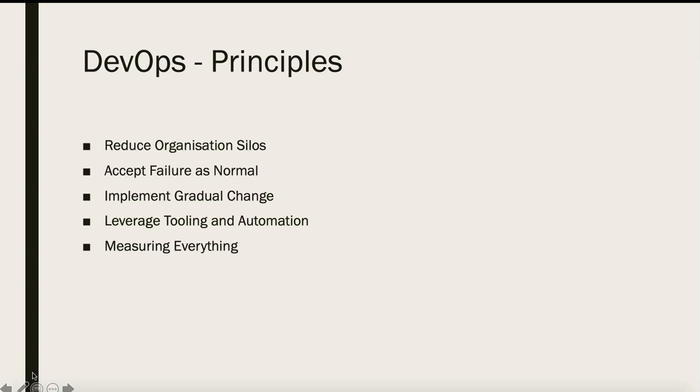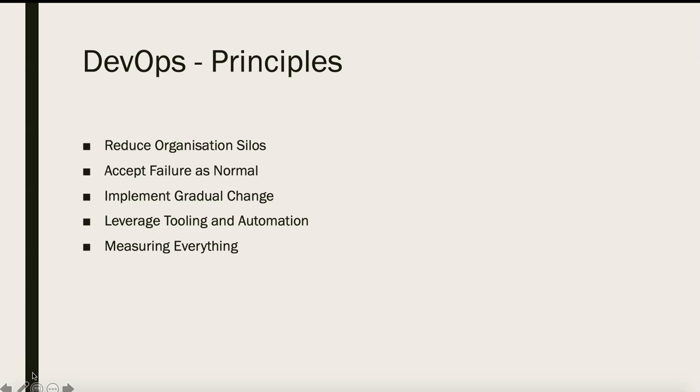Failure is normal, and you have the option to quickly roll back to the previous working version in your deployment if something goes wrong or fails with the new installment, new version or upgrade you're trying to deploy into production.